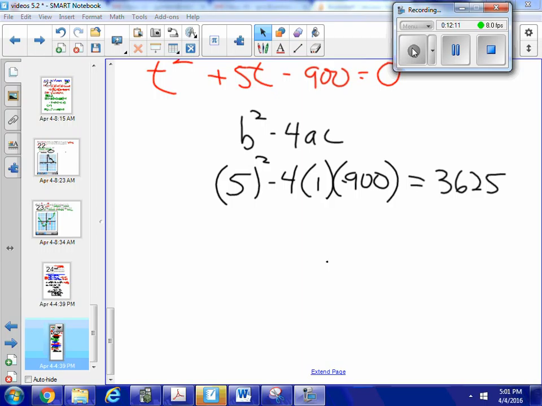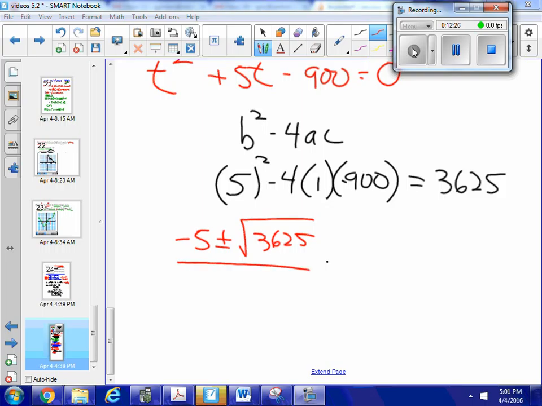So the full quadratic formula is negative b, so negative 5 plus or minus the square root of my discriminant, 3625, all over 2a, so that's 2. And if I plug that into my calculator, I get approximately 27.60 seconds. So that's my t, that's my time.